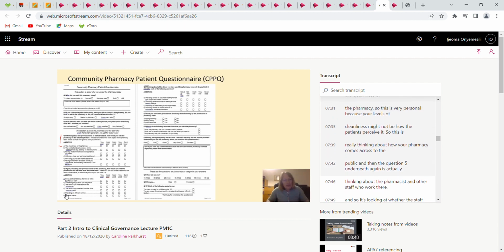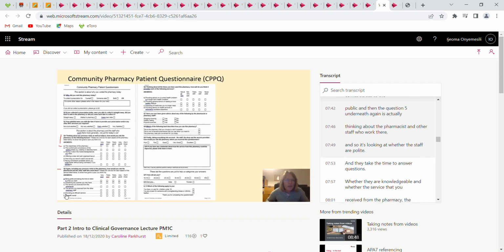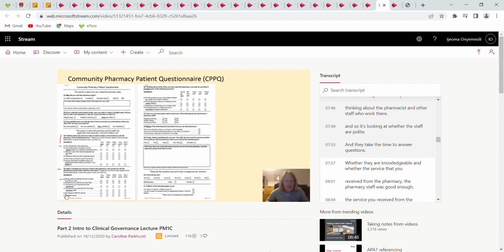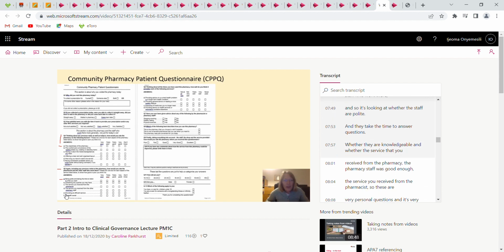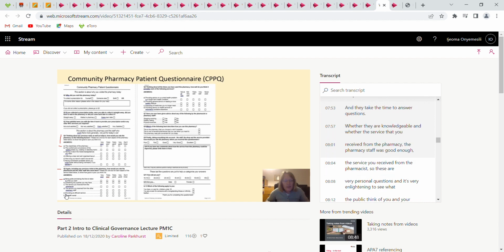And then the question 5 underneath, again, is actually thinking about the pharmacist and other staff who work there. And so it's looking at whether the staff are polite and they take the time to answer your questions, whether they're knowledgeable, and whether the service that you received from the pharmacy staff was good enough, the service you received from the pharmacist.